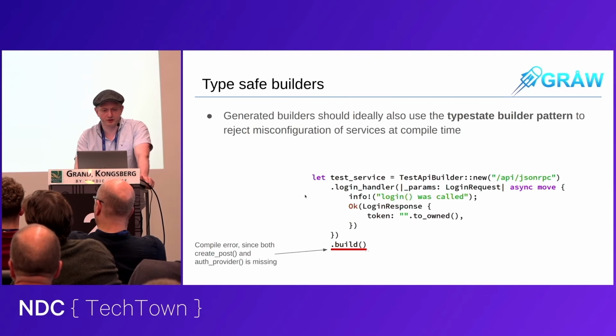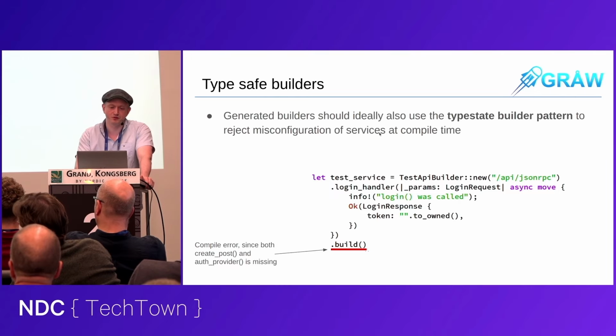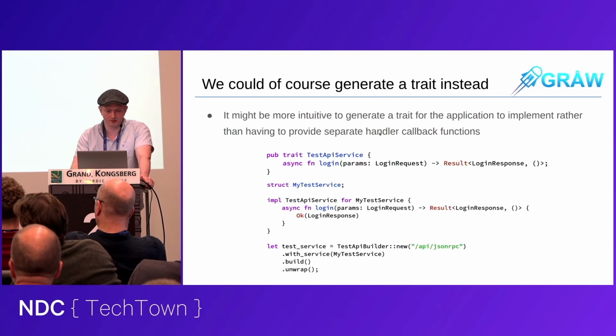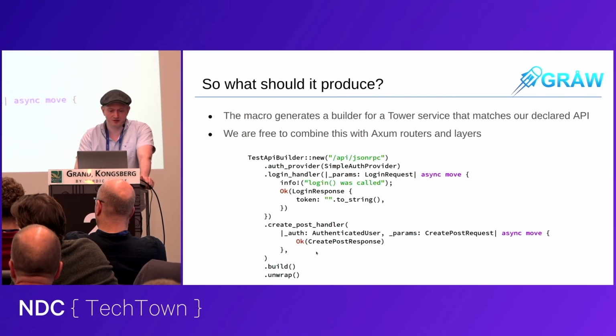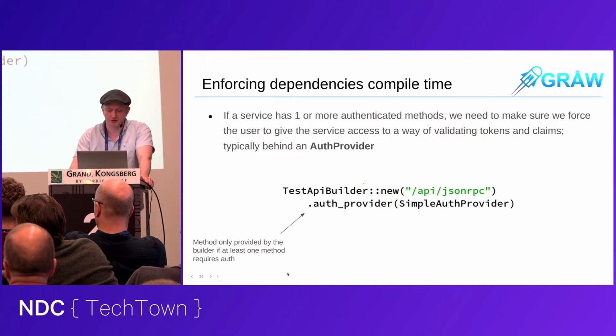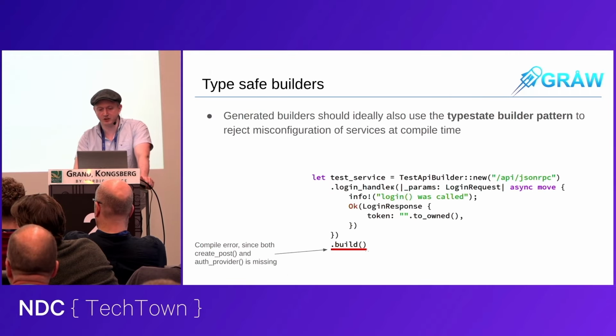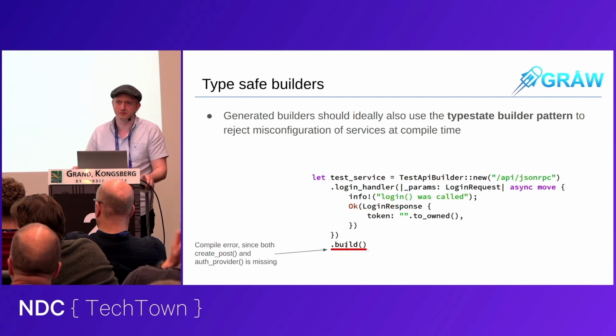And the builder can also be compile time safe. So in this case, it's a runtime check that you have provided all the methods. It's a bit simpler to make. But you could also then use the type state builder pattern to actually make this build method inaccessible at compile time if you haven't given it the correct properties.